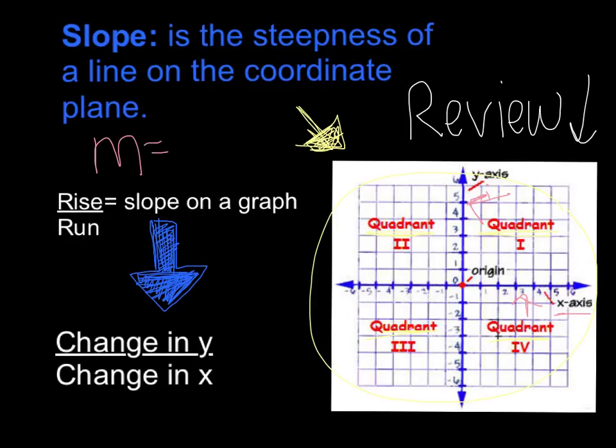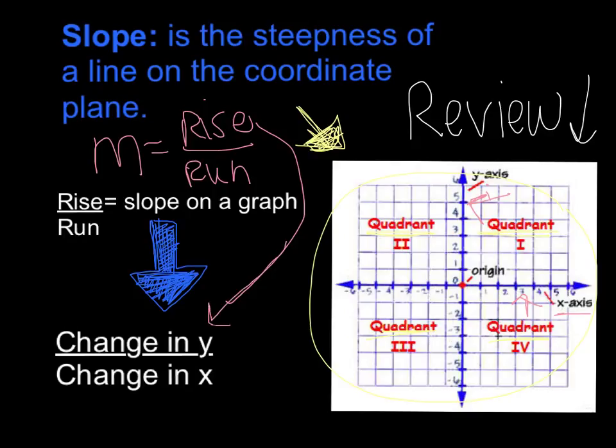M, which is slope, is graphed on a coordinate plane with rise over run. That is simply, and as you notice my arrow right here, the blue one, and now my pink one, it is simply the change in y is rise over the change in x, which is run. And we'll do some examples of those in just a second.